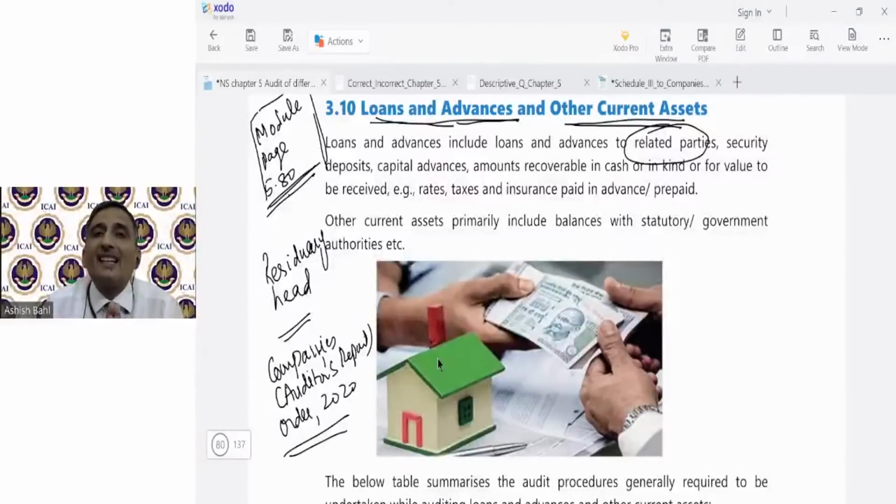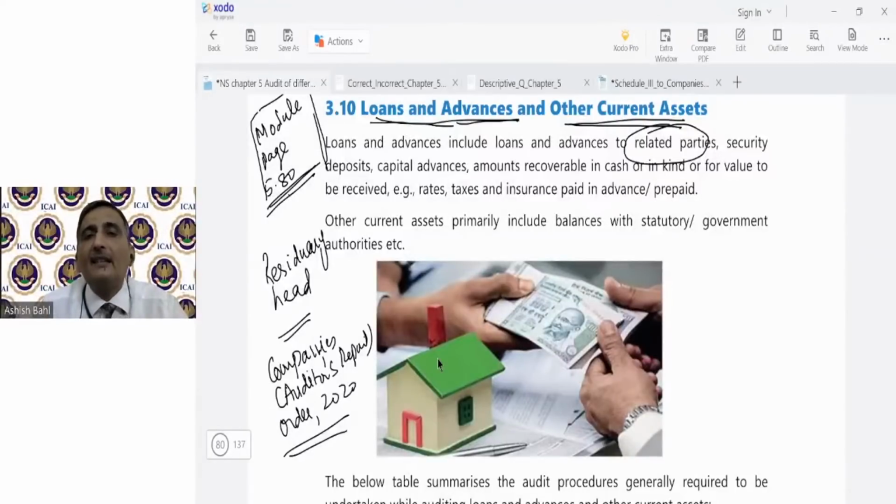It contains certain specific requirements pertaining to presentation, classification, and disclosure of various items appearing in the financial statements of a company. This is part of the applicable financial reporting framework in accordance with which a company has to prepare its balance sheet and financial statements. That is why these disclosures are required.